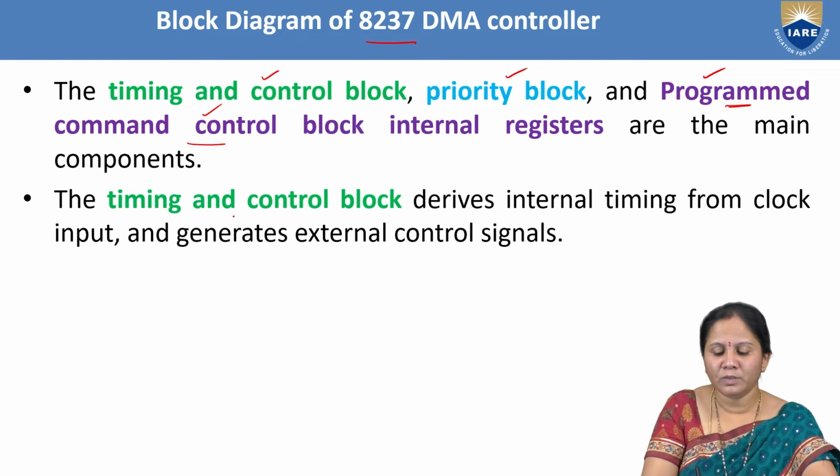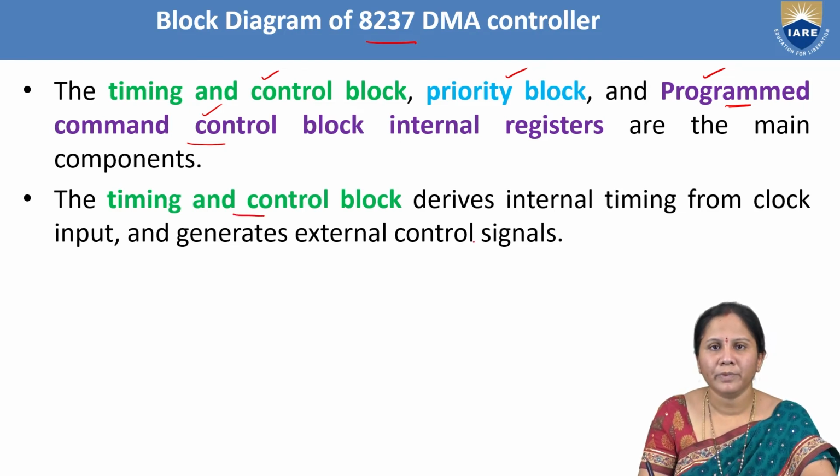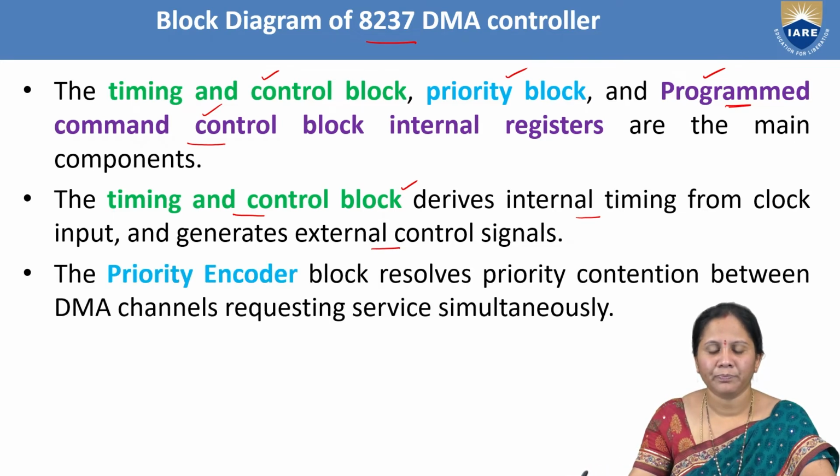The function of the timing and control block is that it derives the internal timing from the clock input and generates the external control signals.